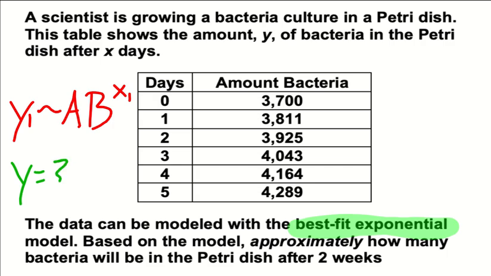So we're going to round that. We got about 3,700. That's what we started with right there. So our B value then, what's that give us for a B value? 1.03. So that means we're increasing by about 3% each time.